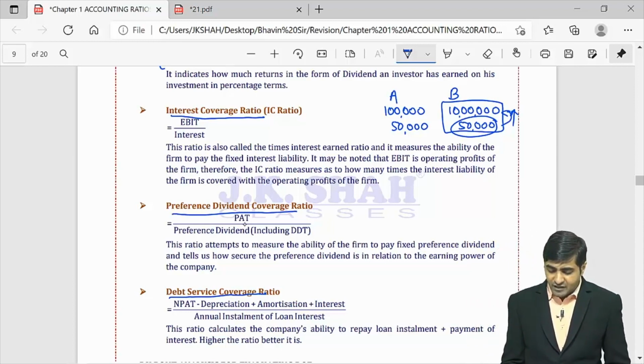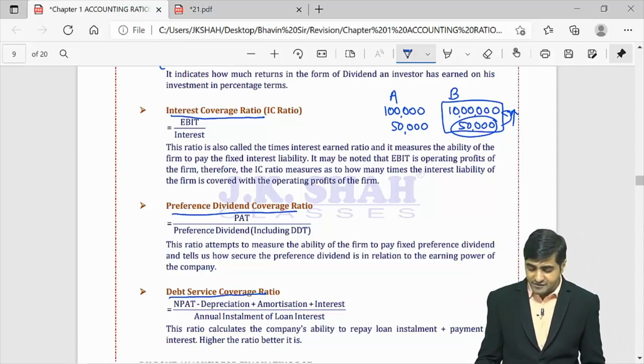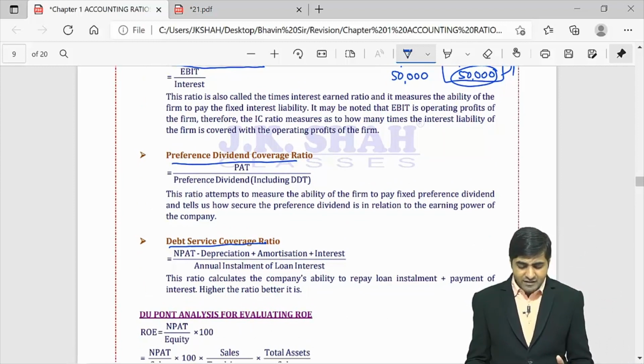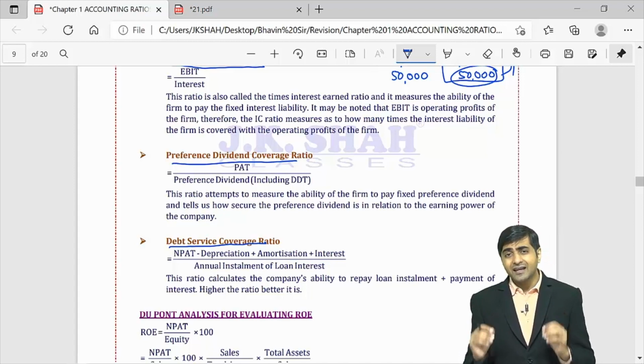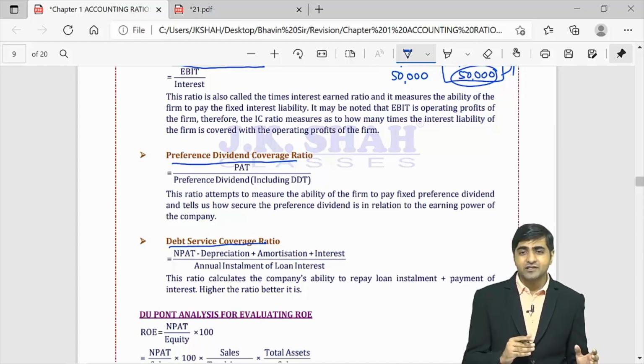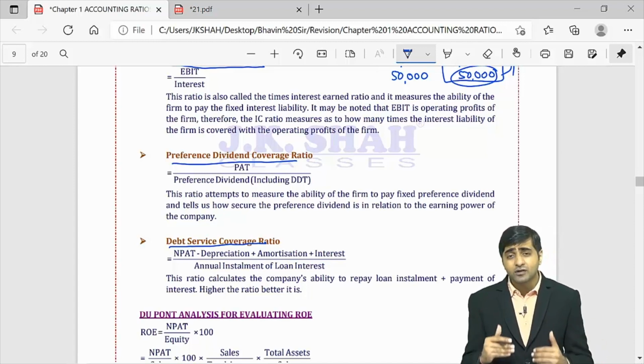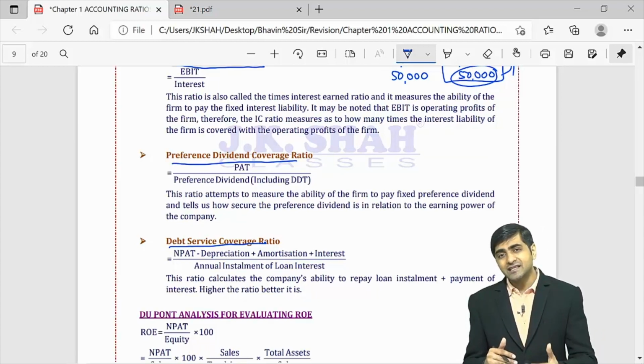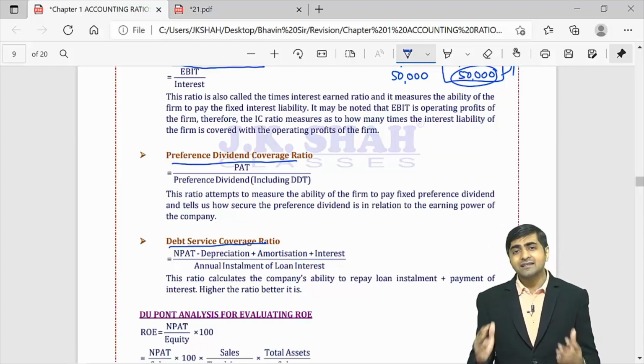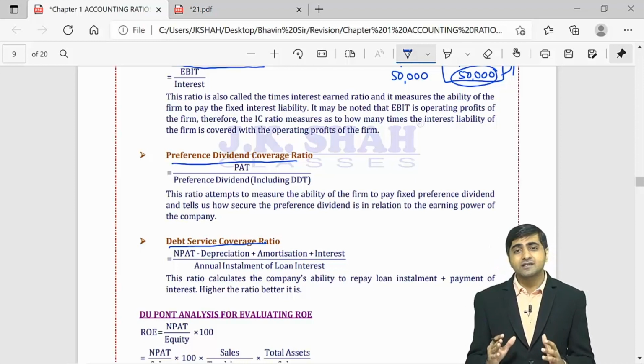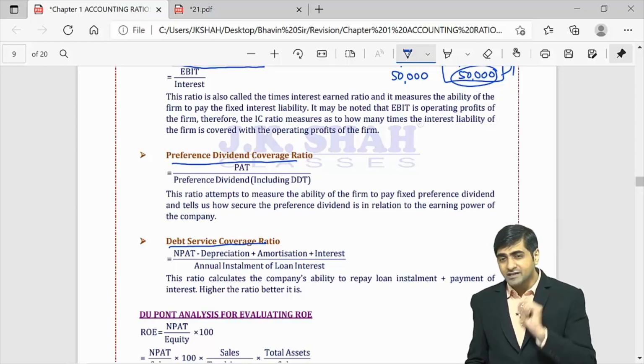So for your preference dividend coverage ratio, we'll take NPAT upon preference dividend. And guys, your debt service coverage ratio is an exhaustive ratio which takes into consideration NPAT plus depreciation plus amortization, because depreciation and amortization both being non-cash expenditure, we need to add them. And interest also we have to add, because while calculating NPAT we have already subtracted the same.